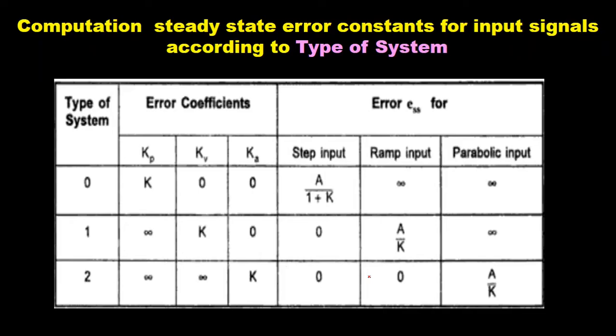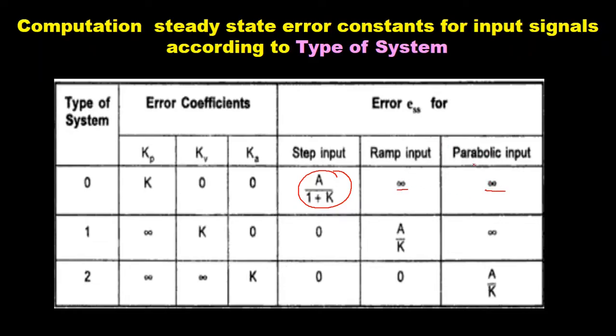These are the computation results for the steady state error coefficient for input signal according to the type of system. Here we can see that when step input is applied in the type 0 system, then we are getting steady state error to be a finite value which is equal to A upon 1 plus K, and when ramp input and parabolic input is applied to the type 0 system, then steady state error is infinite.